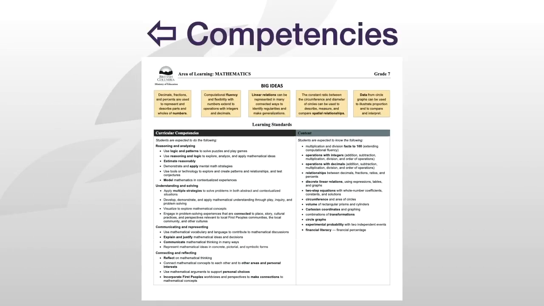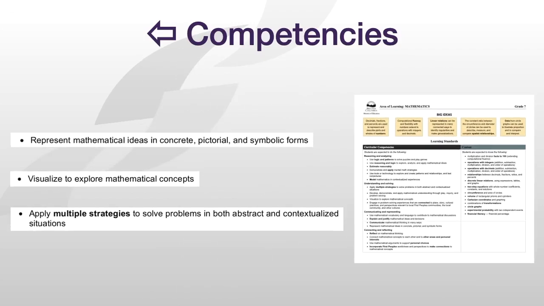As your child learns about multiplying decimals in their classroom, several curricular competencies may emerge. For example, we represented dividing decimals at first using pictorial forms and then symbolic. Visualizing was a helpful way to make use of 2 meanings of division when using decimals. And finally, for most questions, we explored multiple strategies to solve each problem.